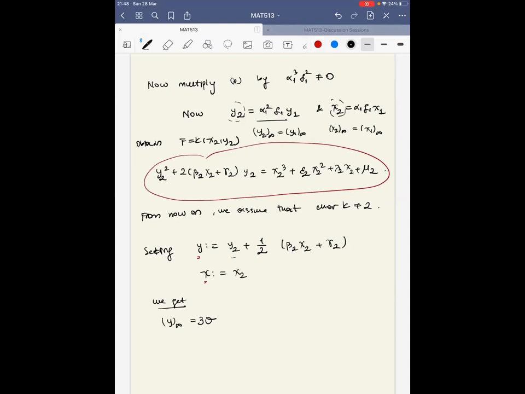And of course, I think you may also need to check the pole divisor, so I will consider it in the discussion session.